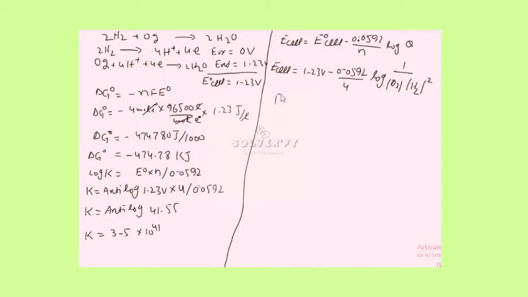As the pressure is equal to 1 atm, so PV is equal to nRT, or P is equal to CRT, or C is equal to P divided by RT.